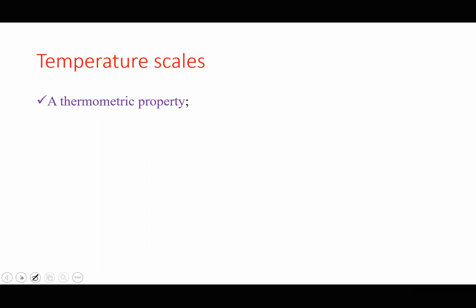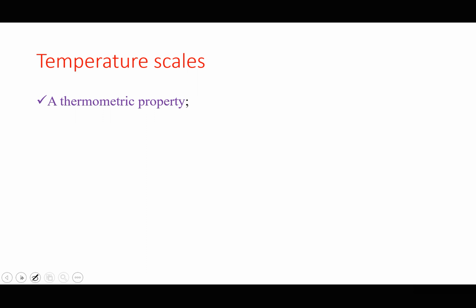Although sometimes we shall see that we just assume it varies linearly, but it may not perfectly vary linearly. So a physical property which is assumed to vary or change linearly with the temperature is what we call a thermometric property. We shall see some thermometric properties used in everyday life.